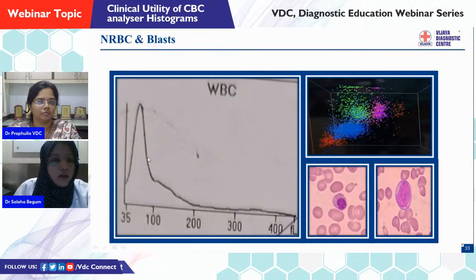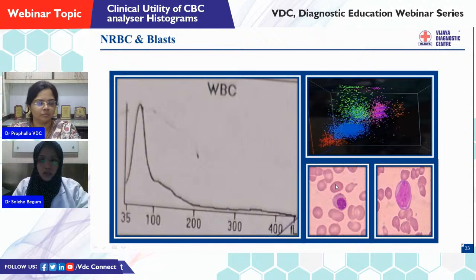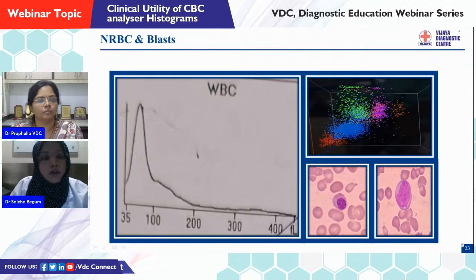This is another graph showing only one curve, not starting at the baseline and having a broad descent and not showing a large cell population. So upon examining the smear of such a case, we have found out that there are NRBCs present in the patient blood, there are blasts present in the patient blood. So the graph not starting at the baseline indicates that there is some population which is smaller than a lymphocyte.